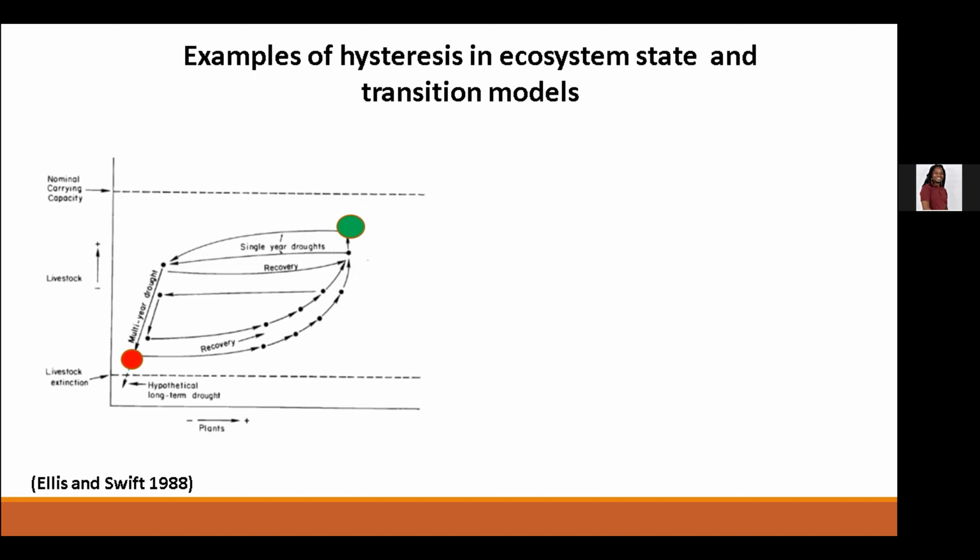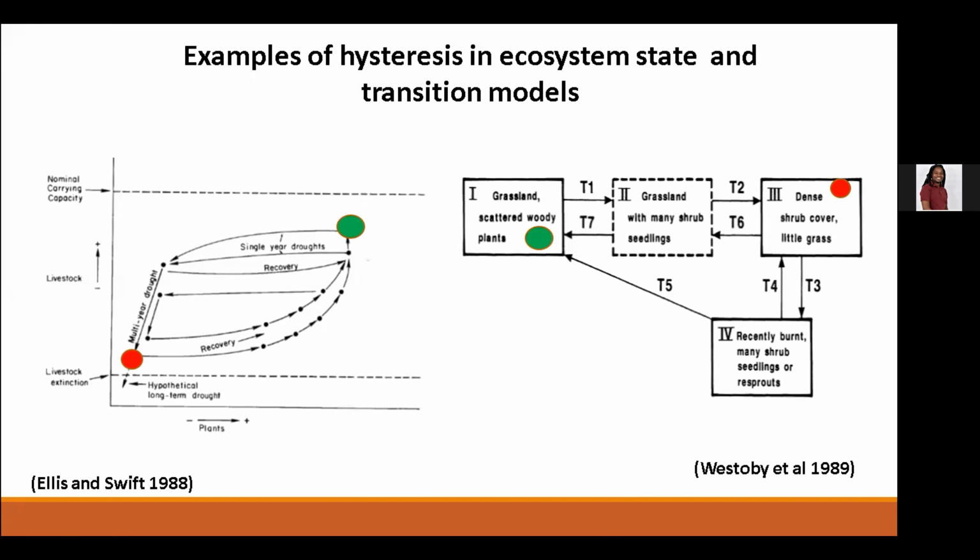So we can see that there are different pathways. It's not so easy to go back from the red to the green. It has to go through a different pathway. And another example is this: when you change the grassland, there are many different pathways that it has to go through to go back to that initial state. So because it takes a long time, some systems may persist in a degraded state for much longer than we expect.